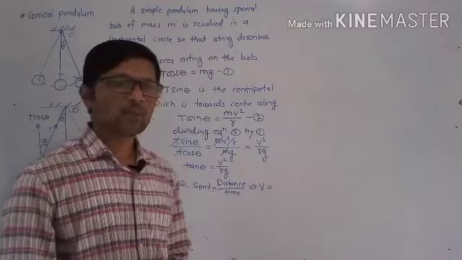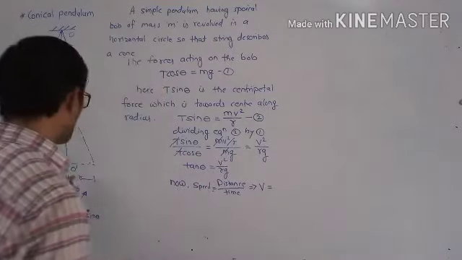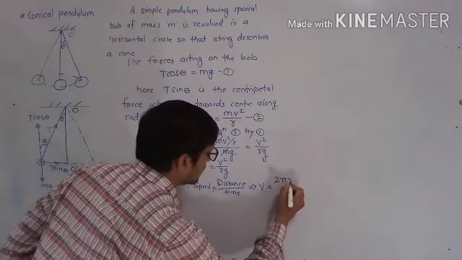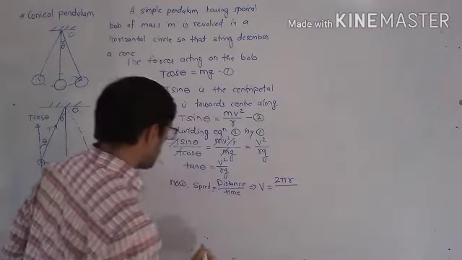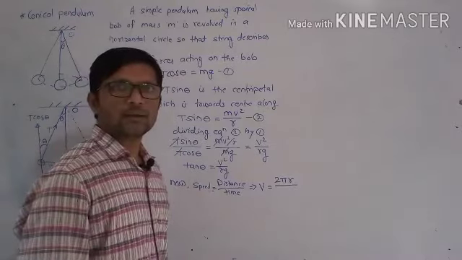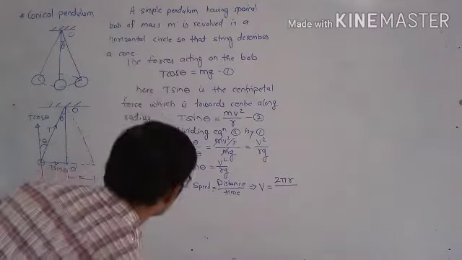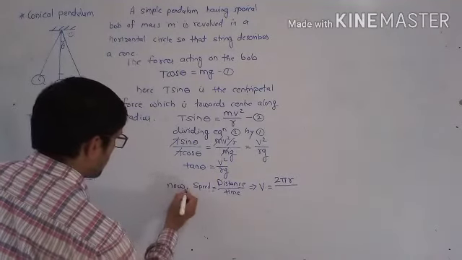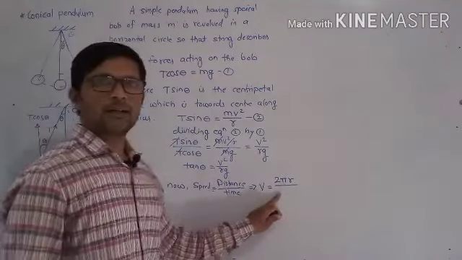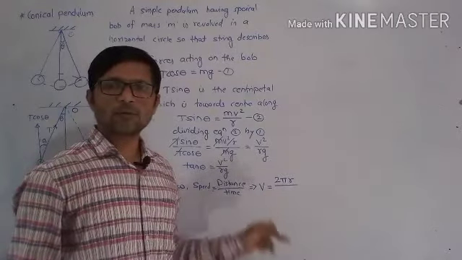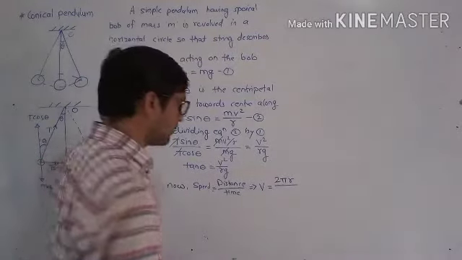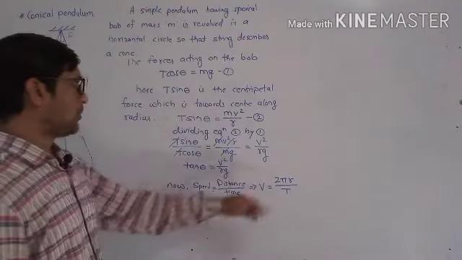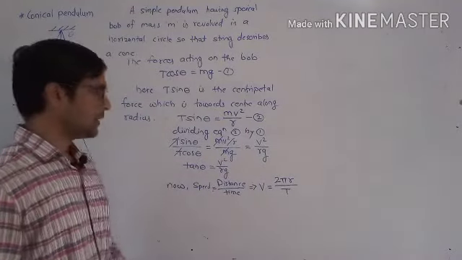That is the circumference of the circle of radius r, that is 2 pi r, upon the time taken by that spherical bob to complete one revolution, that is the period of UCM, capital T. So 2 pi r upon T, that is the v.